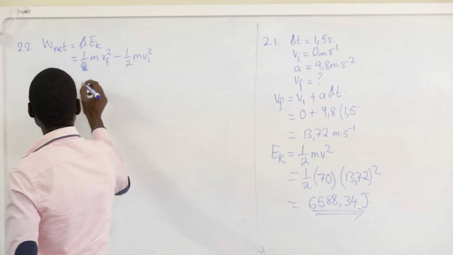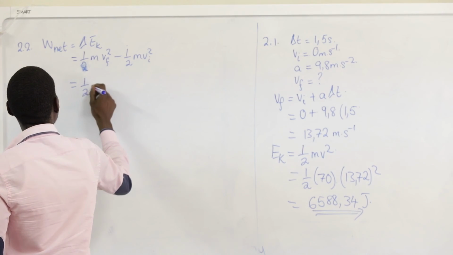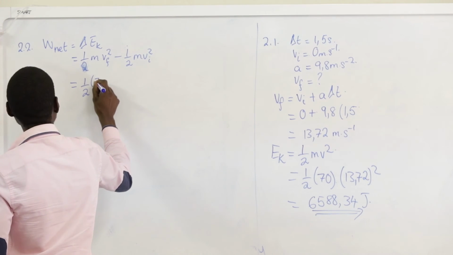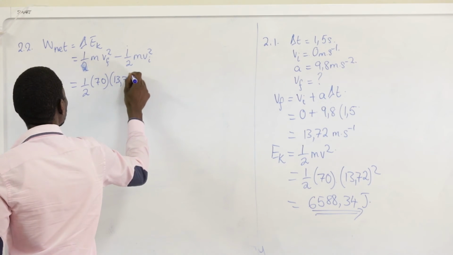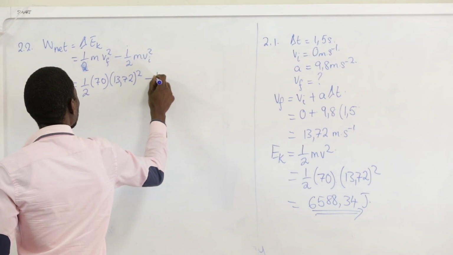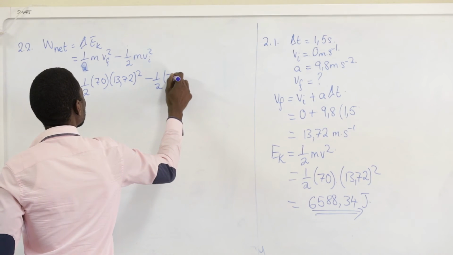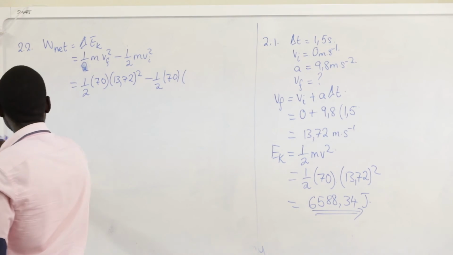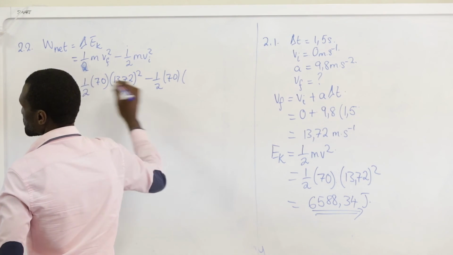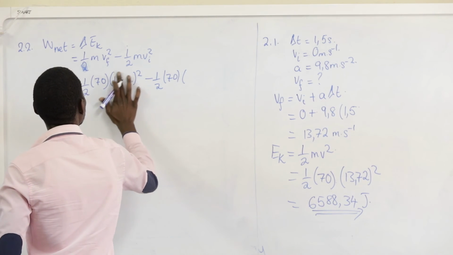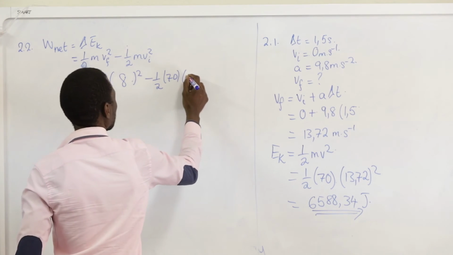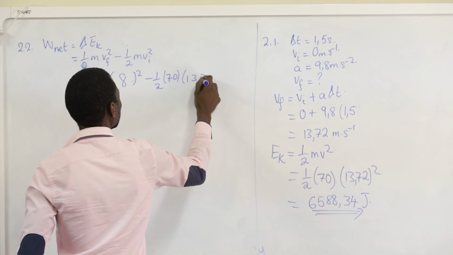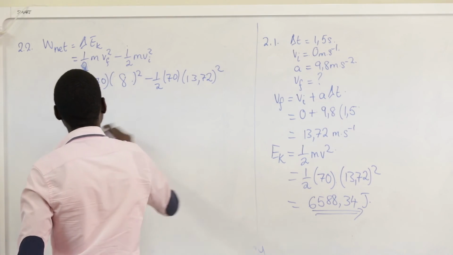So the final velocity, half mass of 70 multiplied by 13.72 squared minus half times 70 multiplied by, no, the 8 is the final, so sorry, the 13.72 should be right there.